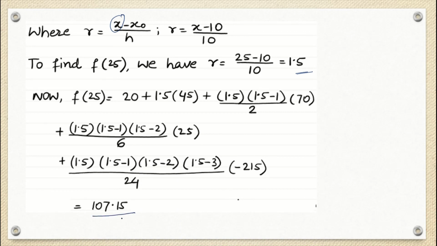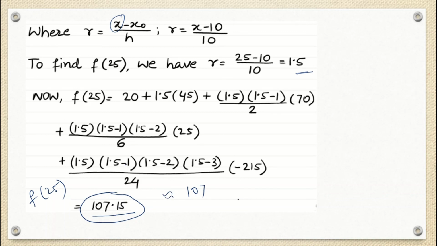107.15. What is this 107.15? That is your F25, the total number of persons who have age below 25. I should make it a whole number, so this is nearly 107, because it is 0.15.